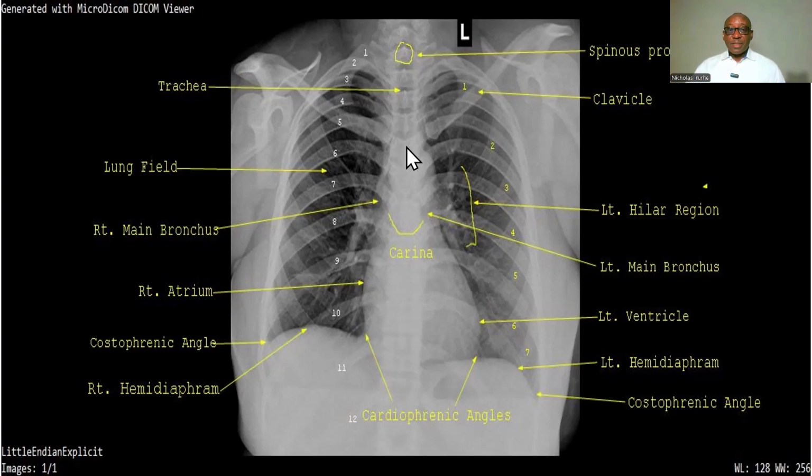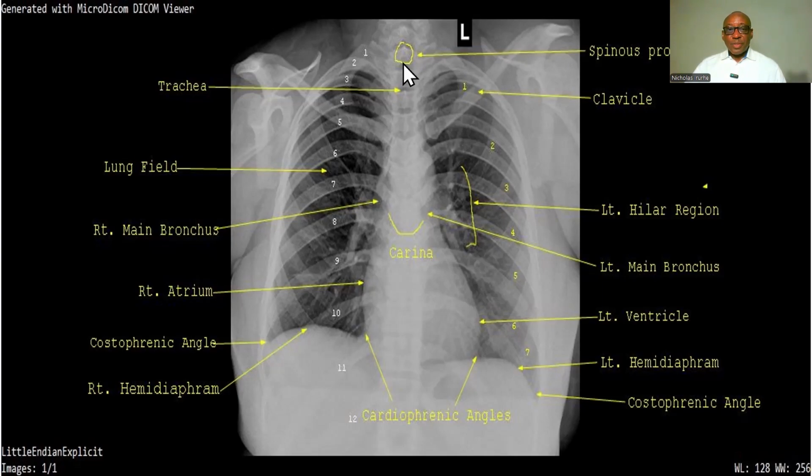They are intervertebral disc spaces because they don't contain any calcium, so they appear lucent, so they cannot absorb much radiation. But one thing we notice is that the level of lucency here is different from the level of lucency in the lungs.